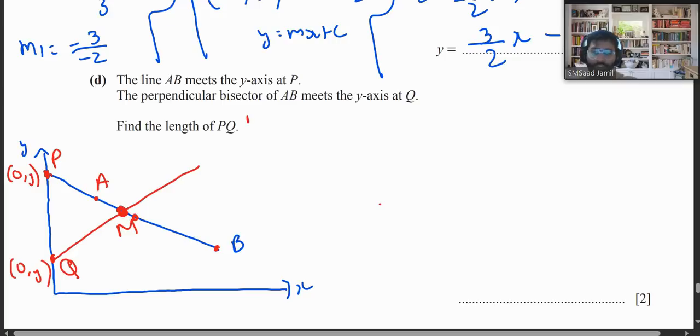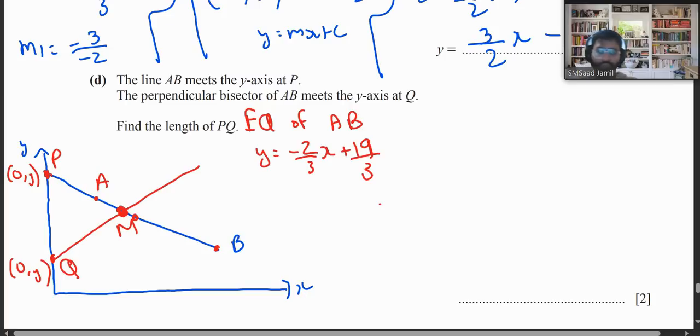So the equation of AB, we already know it: y is equal to minus 2 upon 3x plus 19 upon 3. We know that x is equal to 0, because at P it's 0, y.